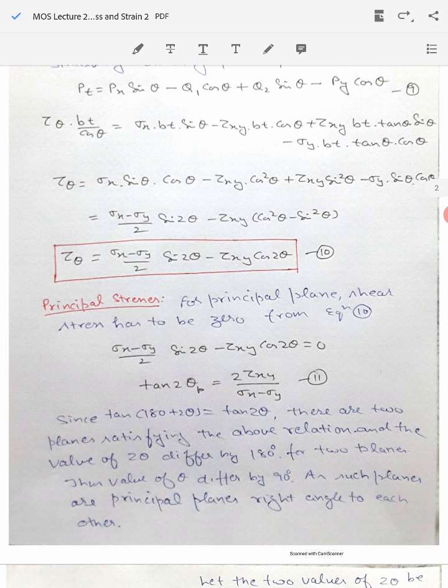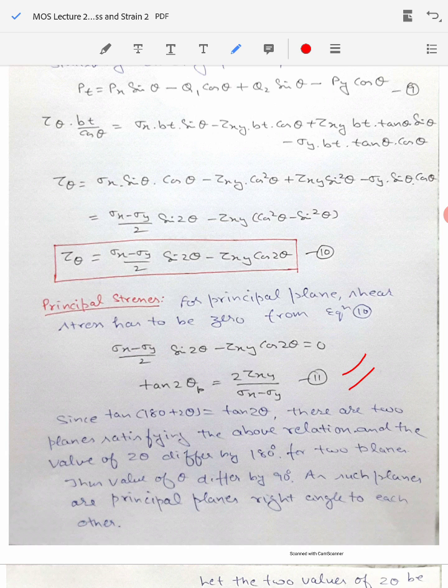If you equate equation 10 to 0, you will get the tangent of 2 theta, which I have given a subscript p, indicating the principal plane, as 2 times tau xy divided by sigma x minus sigma y. So this equation 11 gives you the angle at which the principal planes are inclined with the vertical.